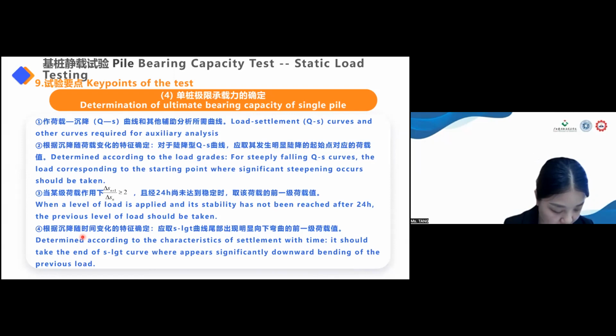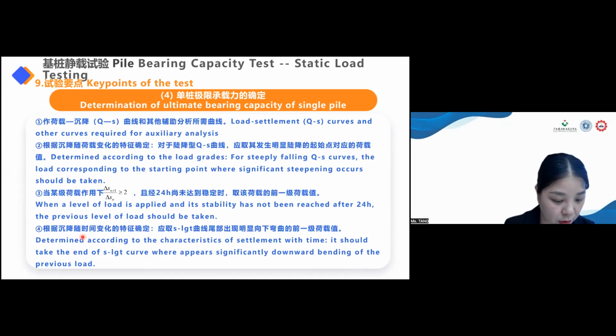3. When the settlement of the pile top under a load level is 2 times that under the previous load level and has not reached stability after 24 hours, the value of the previous load level shall be taken. 4.